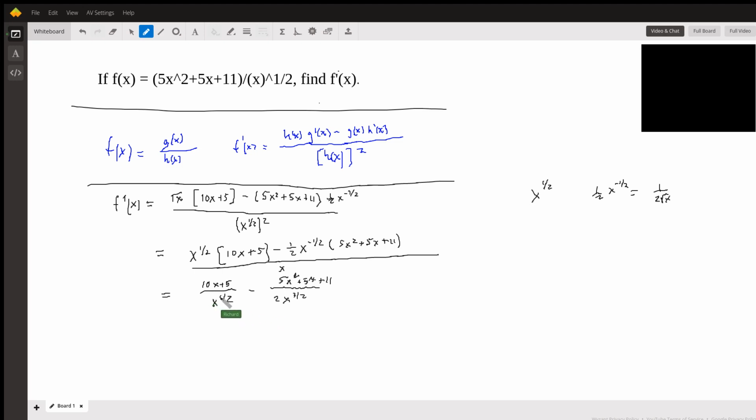I don't really see this simplifying much, but we can just do these divisions and see what happens. So 10x over x to the 1/2 would be 10x to the 1/2, plus 5x to the negative 1/2, minus 5/2 x to the 1/2, because it's 2 minus 3/2, so it's 4/2 minus 3/2, that's positive.